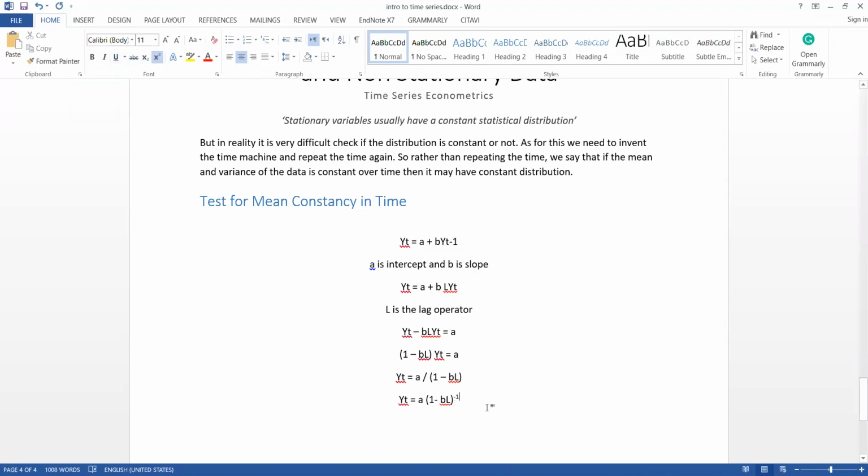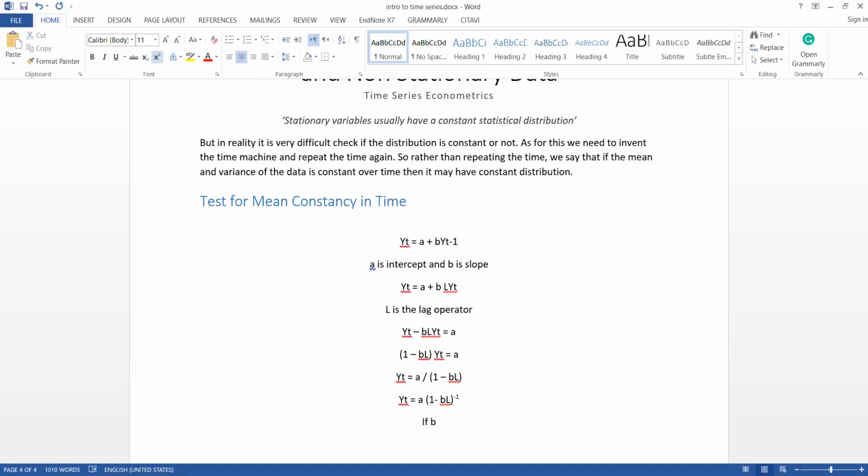In mathematics, the formula of the inverse is that it squares the first term, and the series continues. So if beta is 1, the answer will become infinity. Let's write it here.